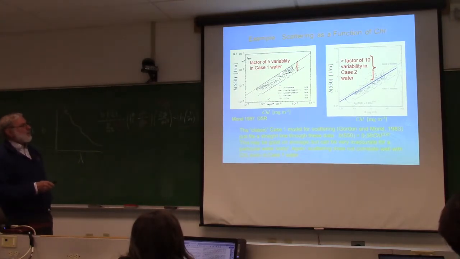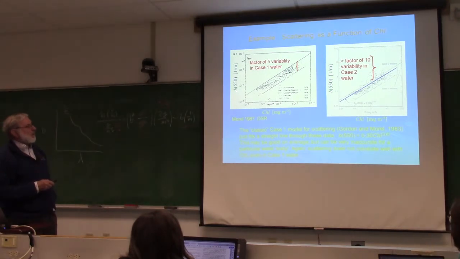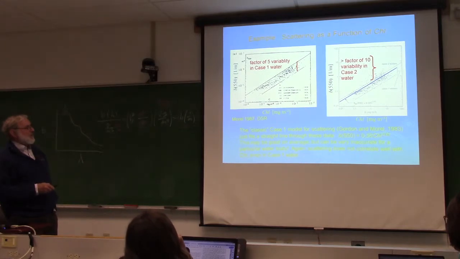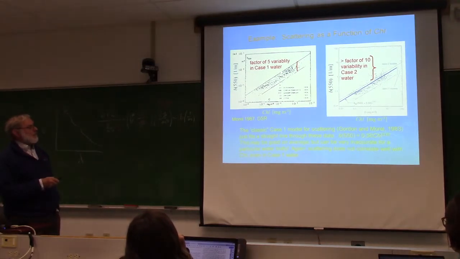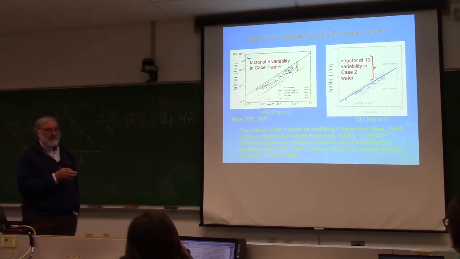Here's just some more data. This is in case 1 water, where Andre Morel measured the scattering coefficient at 550 versus chlorophyll, and there's kind of a factor of 5 variability for a given chlorophyll.